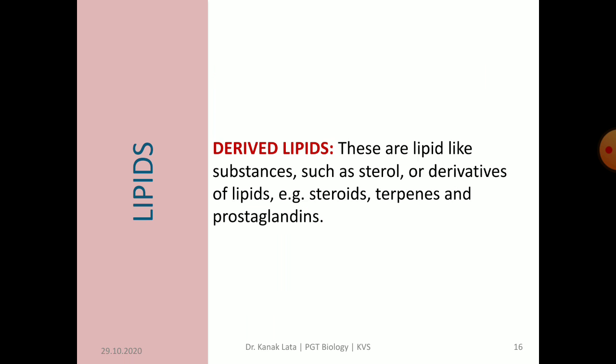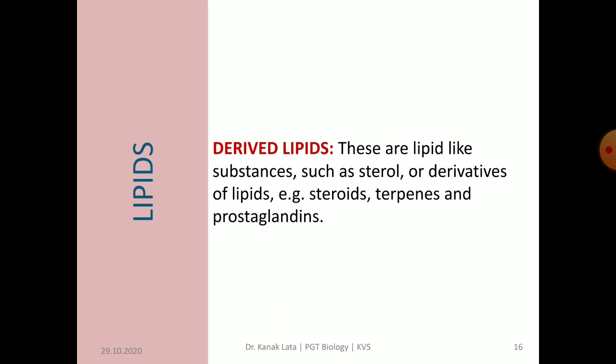Derived lipids are lipid-like substances such as sterols or derivatives of lipids. Examples are steroids, terpenes and prostaglandins. The steroids do not contain fatty acids but are included in the lipids because they have fat-like properties. Terpenes are a major component of essential oils produced by certain plants.